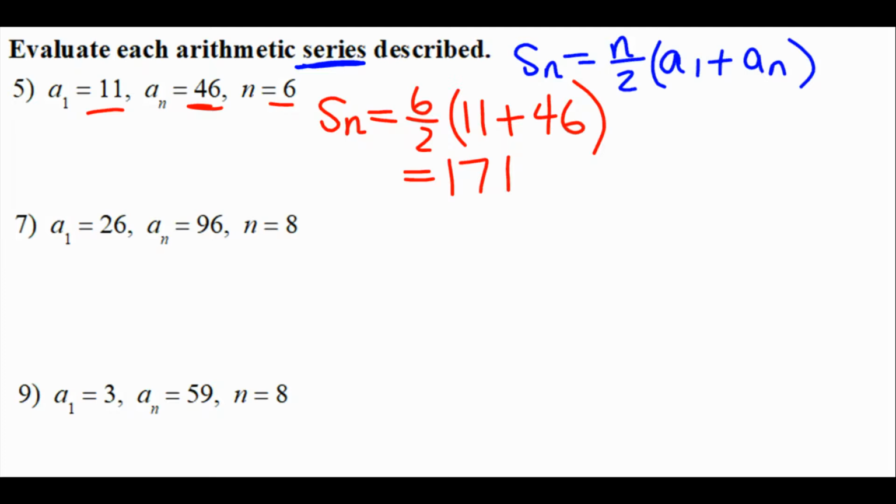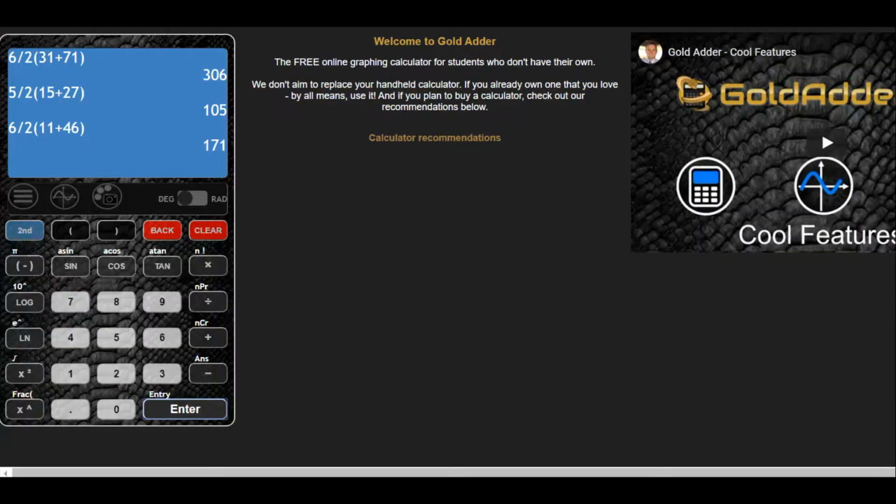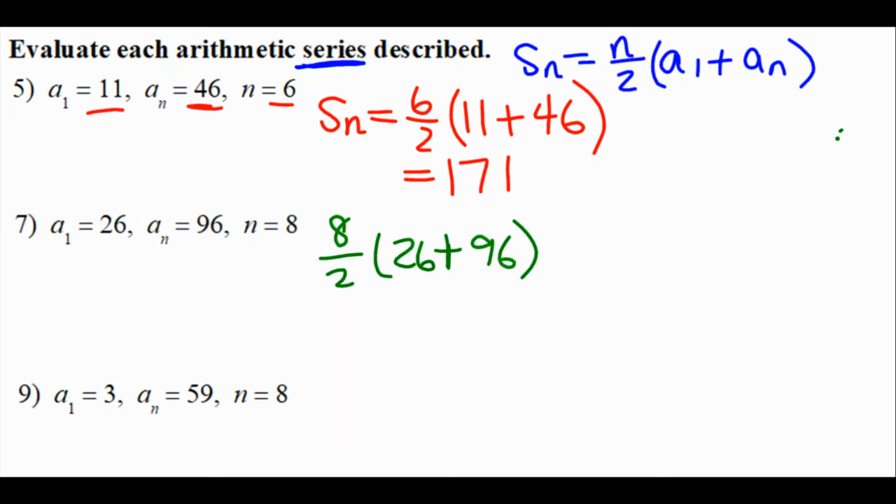Next one, same thing. We're going to do 8 over 2 times 26 plus 96. Nothing tough here, it's just a calculator problem. The answer is 488.